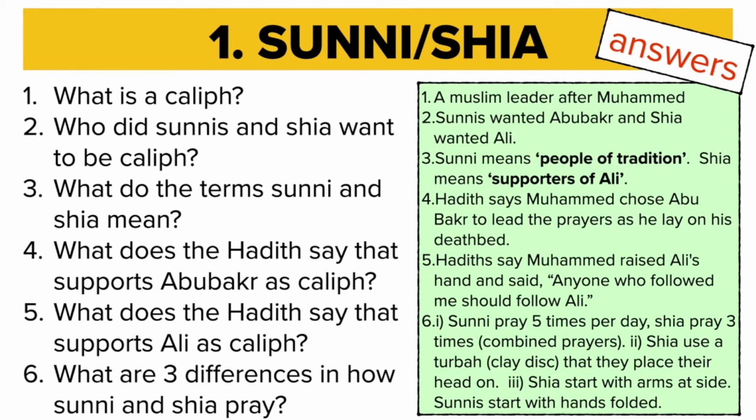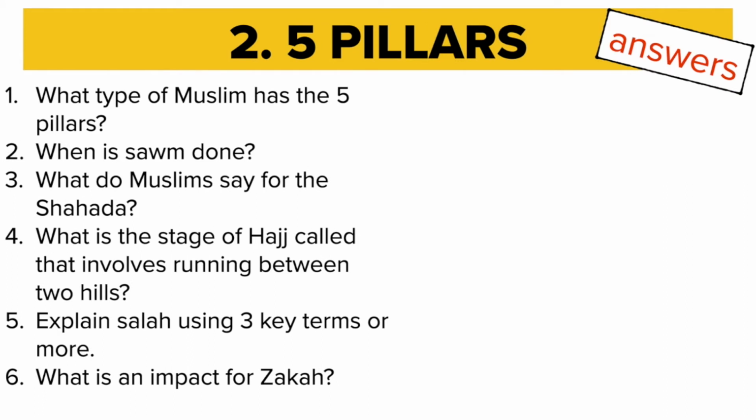So even if they're praying inside, they have a little disc made of clay to represent the earth, which they would rest their head on when they're actually doing their prostrations, when they're bending over in their prayers. So Shia use that, but Sunnis do not. And then another difference is Shia start with their arms at their side, whereas Sunnis start their prayers with their arms folded.